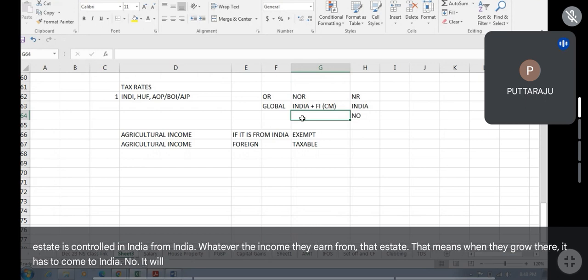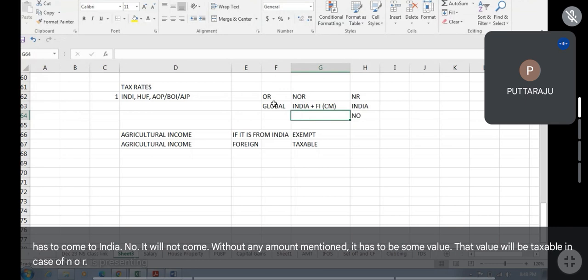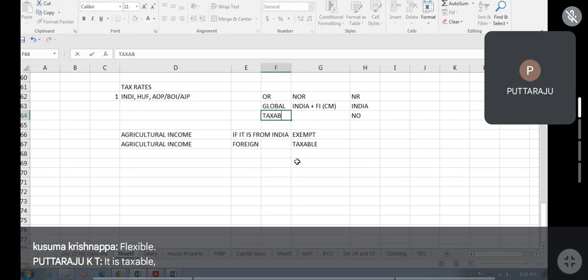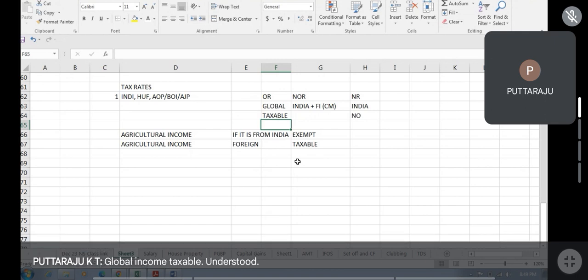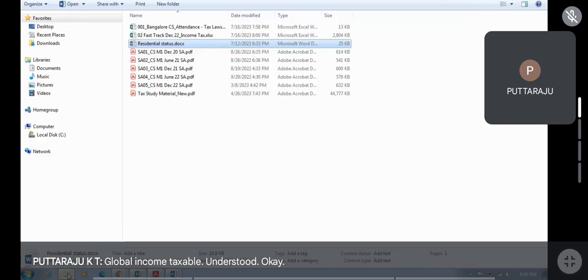It will not come without any amount mentioned. It has to have some value. That value will be taxable in the case of NOR. In the case of resident, it is taxable. Why? Global income is taxable. Understood? Okay. Let us see.